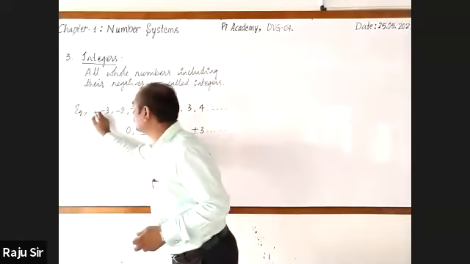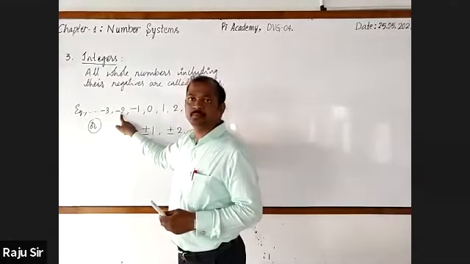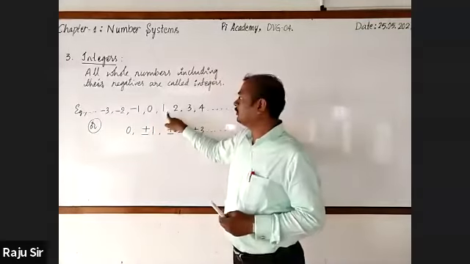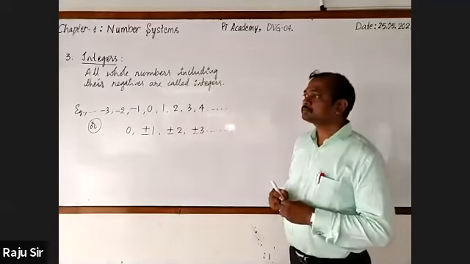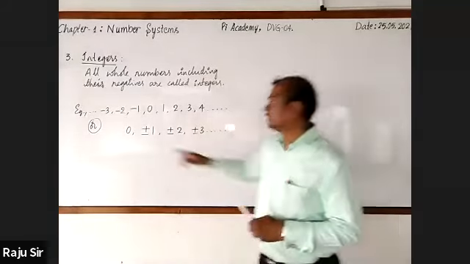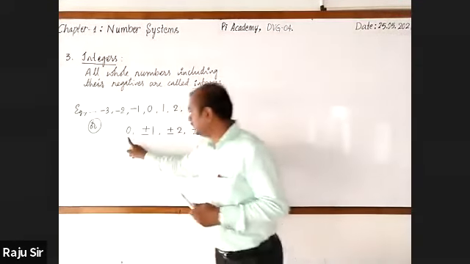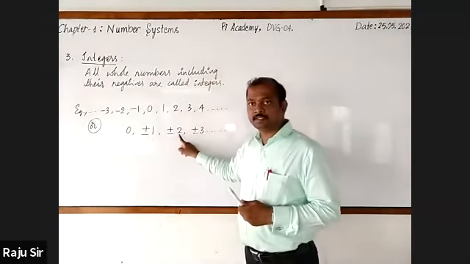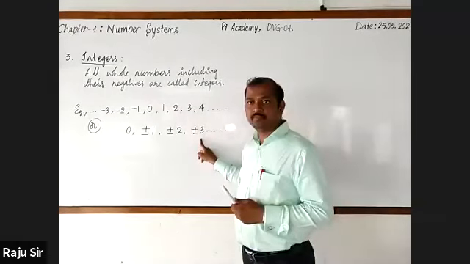You may write, putting commas: -3, -2, -1, 0, 1, 2, 3, and so on. It can also be written as 0, plus or minus 1, plus or minus 2, plus or minus 3 and so on.